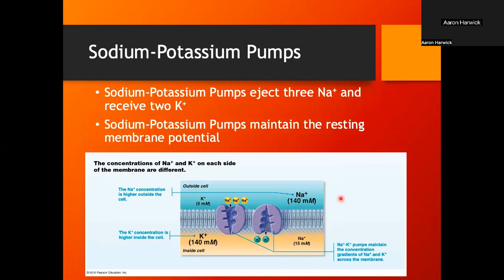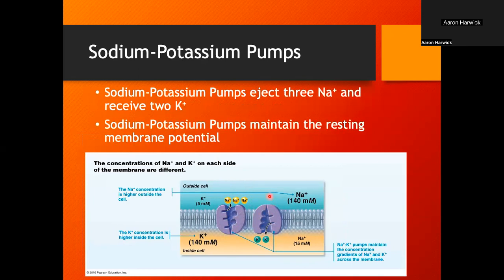So when you start to depolarize, what you basically do is you start exchanging these chemicals. You grab 3 sodium and you eject them outside the cell. And then you take 2 potassium and you bring them inside the cell.